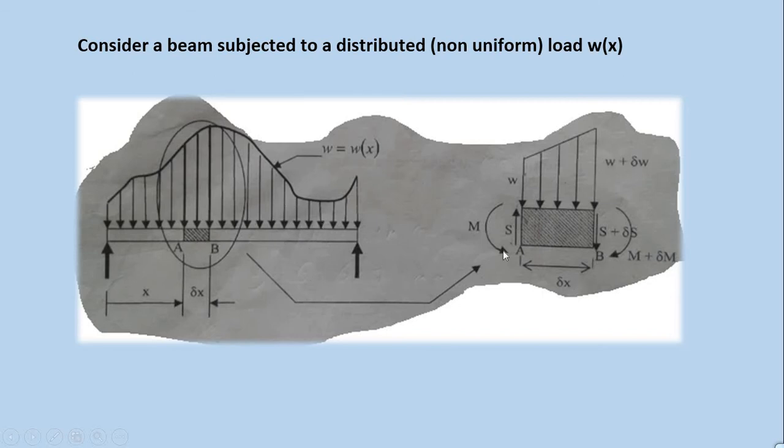So we assume that the shear force is upward on face A of the small section. Accordingly, in the third section, at face B of the third section, the shear force should be upward as well, because we have considered the shear force upward on this side. Likewise, the direction of the bending moment is anti-clockwise on face B of this long section.